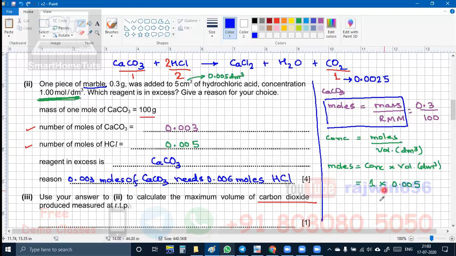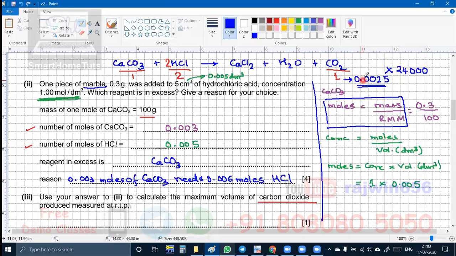Which is 0.06 decimeter cube. All right, now as I have given there in the formula, 1 mole will measure 24 dm3. So these many moles of CO2 is going to measure how much? 0.06 multiplied by 24. If you are going to convert this into centimeter cube, I can multiply it by 24,000.